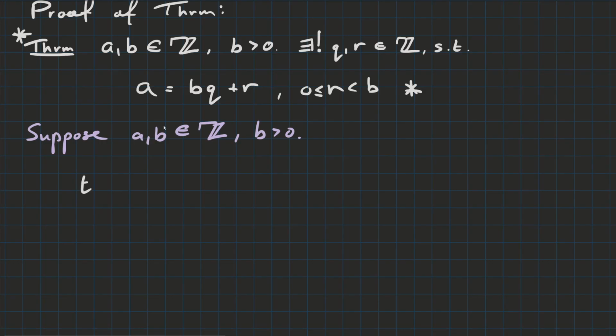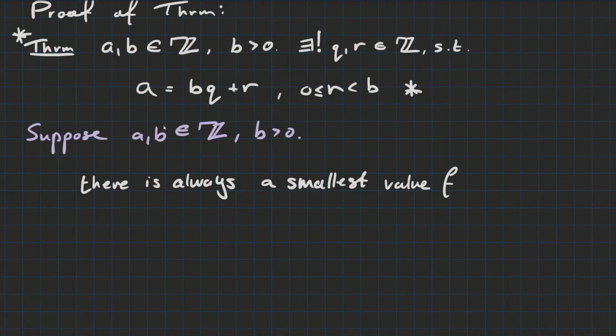So there is always a smallest positive value for a minus a multiple of b.